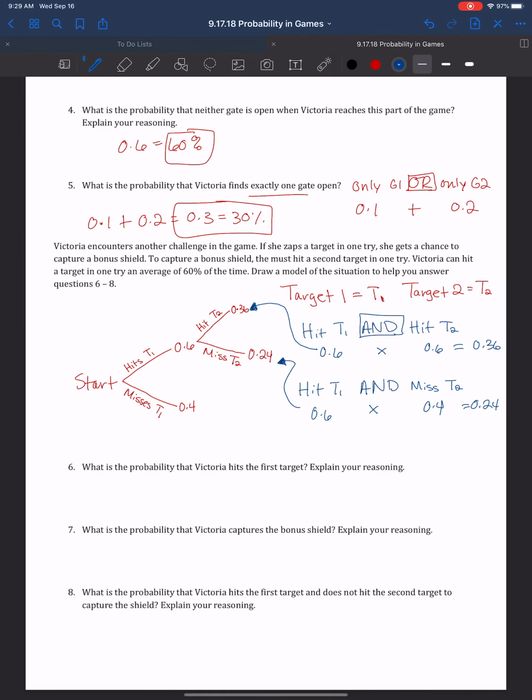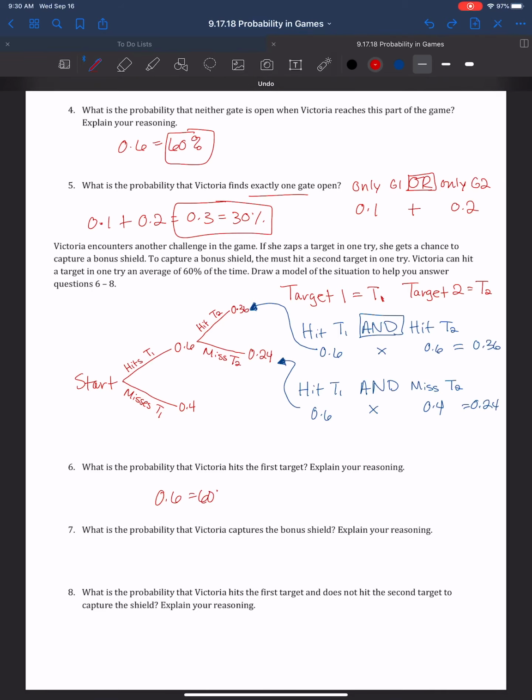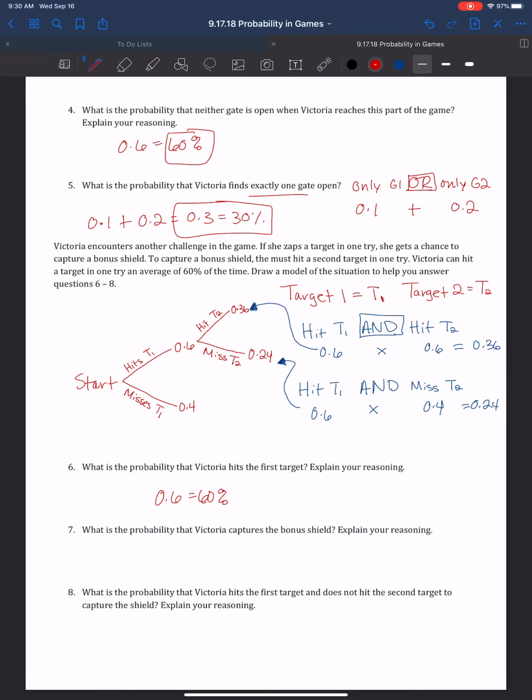Okay. Question 6 says, what is the probability that Victoria hits the first target? And explain your reasoning. So we've already done all of our reasoning just in the work in this graph right here. What is the probability that Victoria hits the first target? So we already said it was 0.6 or 60%. What is the probability that Victoria captures the bonus shield?